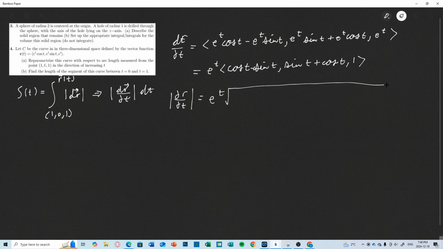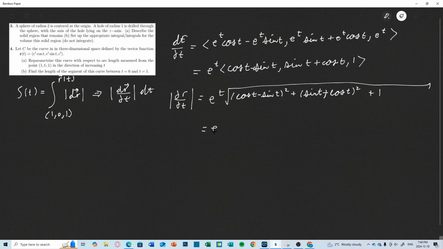And now this will become a long square root of cos t minus sine t all squared plus sine t plus cos t all squared, and then plus 1 squared, which is just 1.